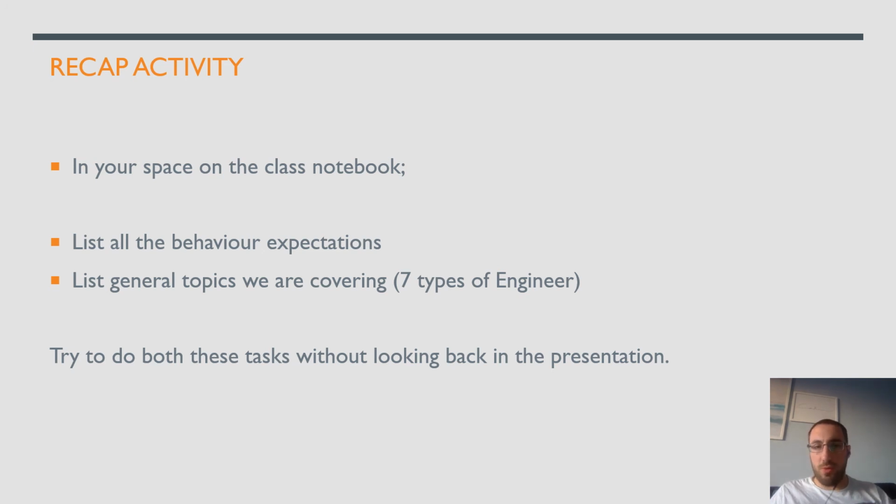This will help because, for example, the 7 different types of engineer that we're worrying about, those are going to come up again and again and again. So it's really important that we can see, are you starting to remember more of the ones that you couldn't remember. Now, once you've done that, just come back to the last bit of the PowerPoint.